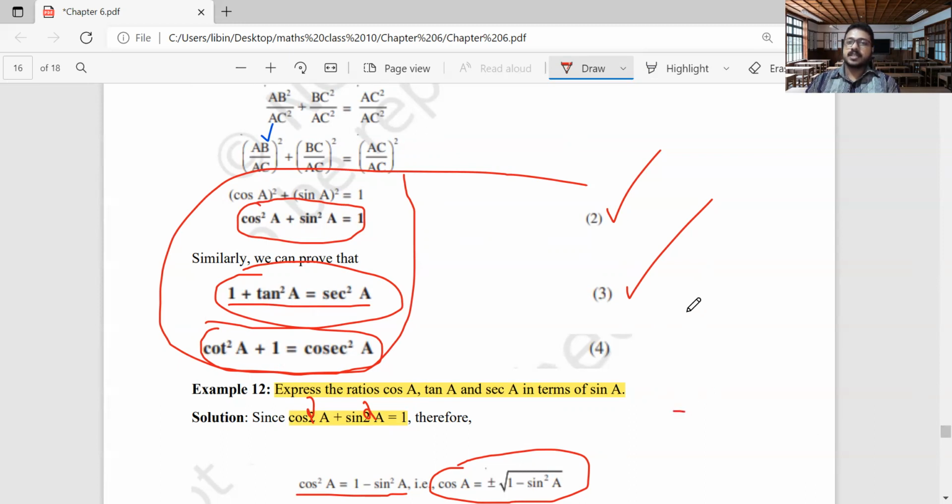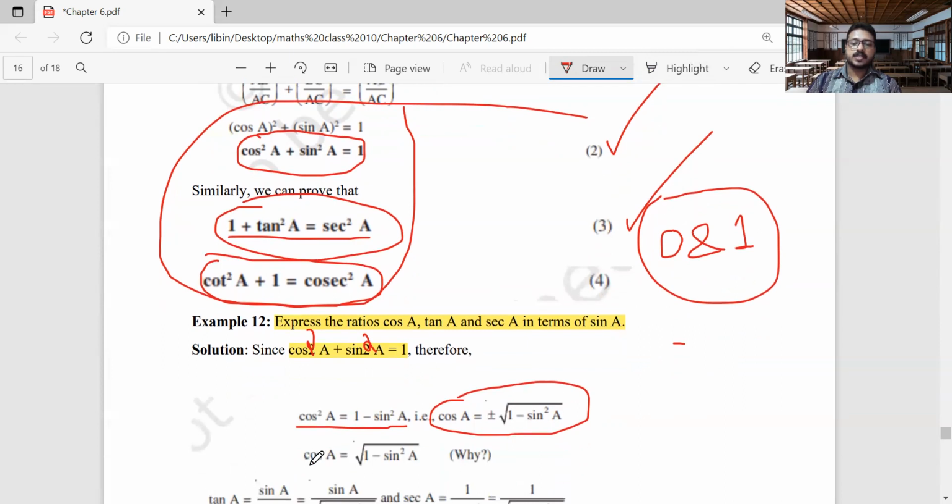We know that the value of cos lies between 0 and 1. That is why we can't take a negative number. So we can remove the minus square root of 1 minus sin squared a. Instead, we can write cos a is equal to root of 1 minus sin squared a.